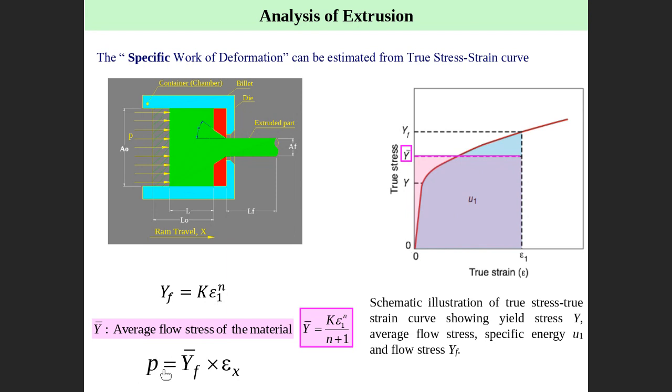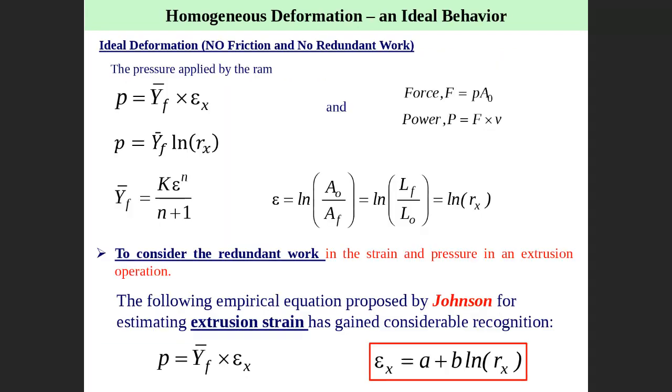Then the pressure applied here is equal to Y average flow multiplied by epsilon x, the average flow stress multiplied by epsilon x. It's very similar to applied compression. However, the strain happening in this area is epsilon x, right? This is the pressure in the extrusion process, equal to Y bar flow, the average flow stress, multiplied by epsilon x.